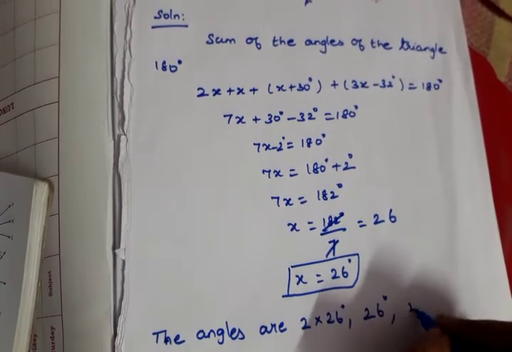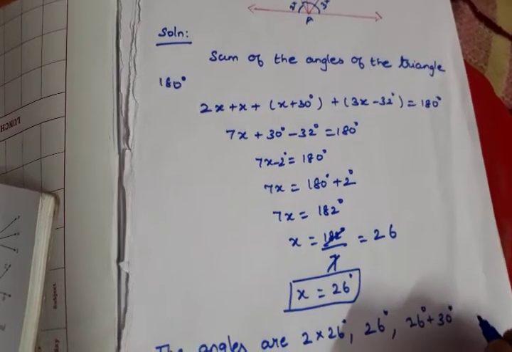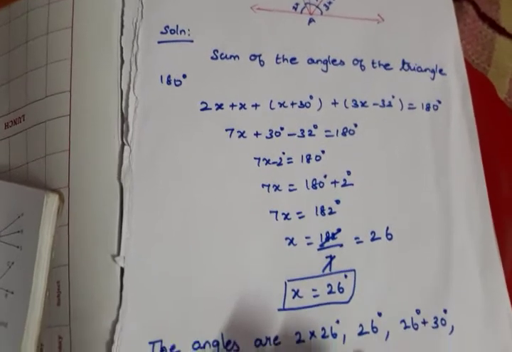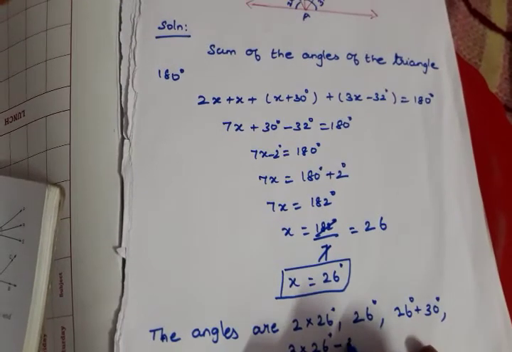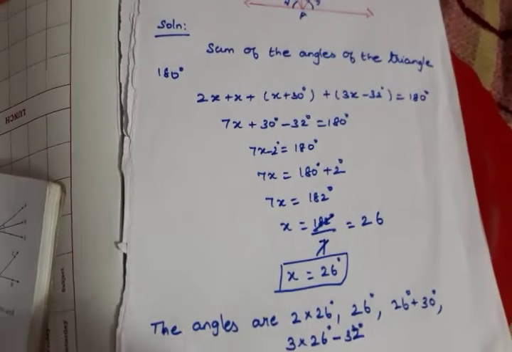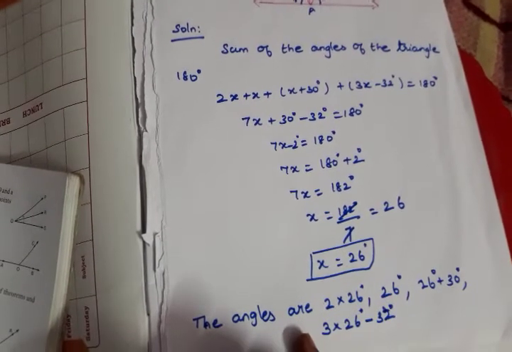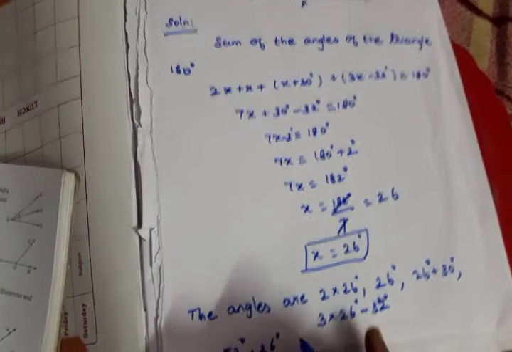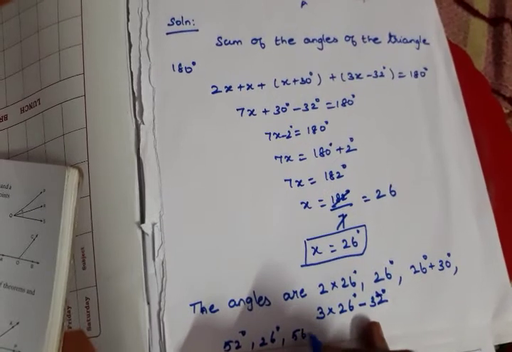So x plus 30 degree means 26 degree plus 30 degree. Then next 3x minus 32 degree. So 3 into 26 degree minus 32 degree. So first value is 52 degree. 26 degree. Then next 56 degree. 26 plus 30, 56 degree.